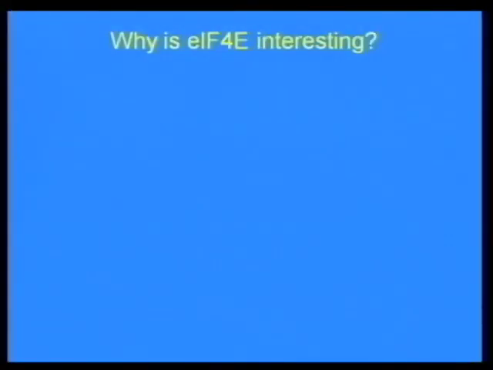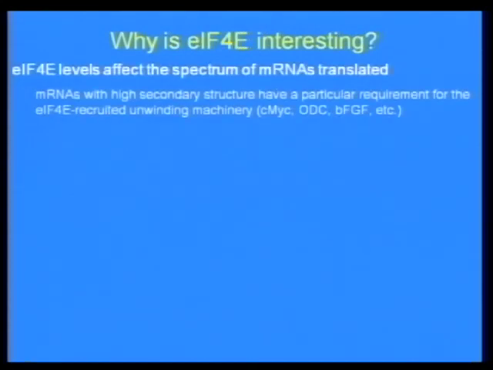So it's reasonable to ask, why is 4E interesting? There's several reasons for that. First of all, this affects the spectrum of messages that are translated. And this is because you can see that this recruits the unwinding machinery through the RNA helicase 4A, the original DEAD box protein.